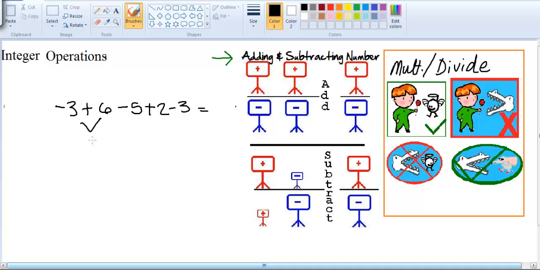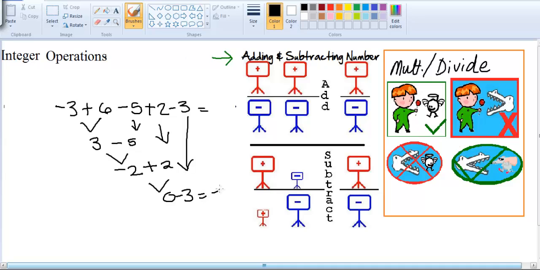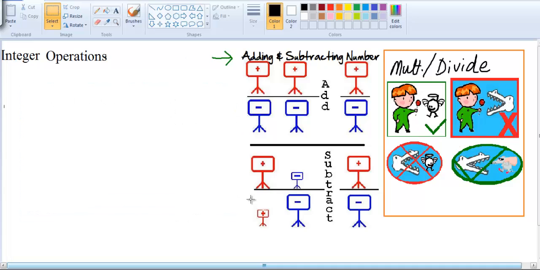Negative 3 plus 6 is positive 3. Bring down the minus 5. So this is negative 2. Bring down the plus 2. The signs differ so we subtract, and this is 0. Bring down the minus 3. Minus 3.